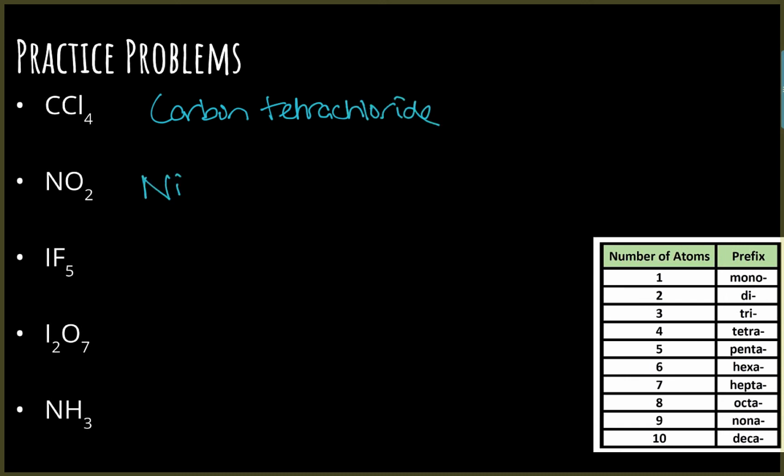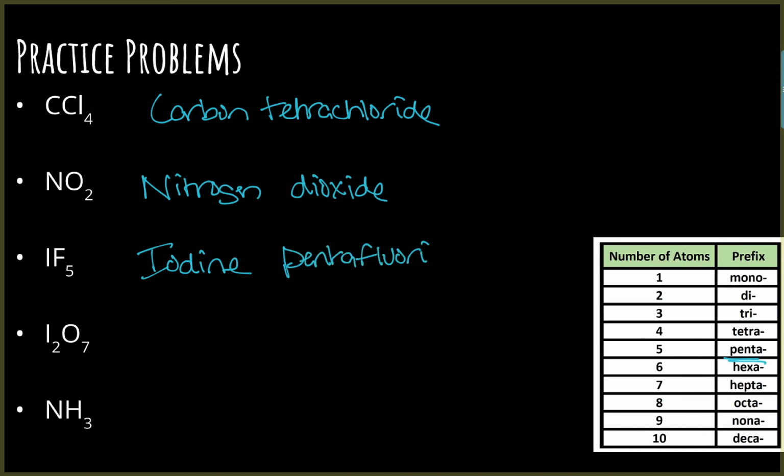NO2, nitrogen dioxide. IF5, iodine, 5 we haven't used yet, penta, fluoride. 2 iodine, so diiodine, 7 is another one we haven't used before, heptoxide.